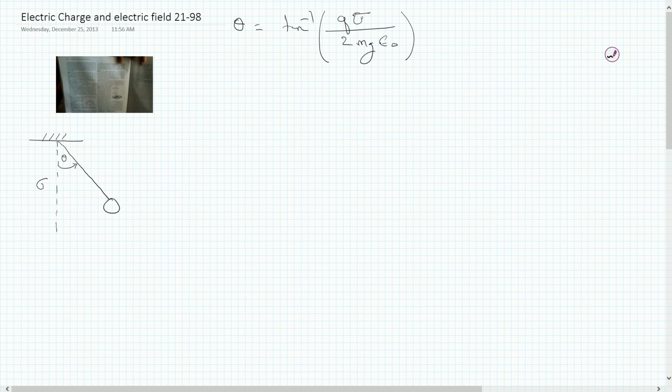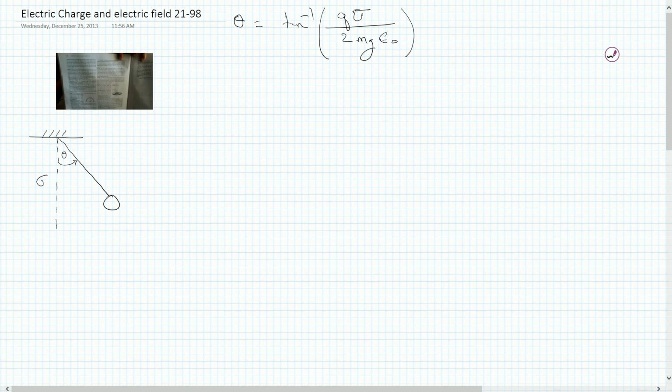The sphere has a positive charge q, and this here is L. Now let's do the free body diagram on the sphere.